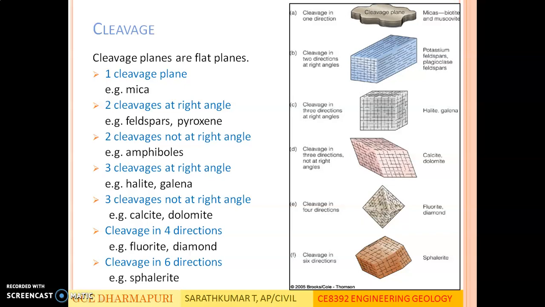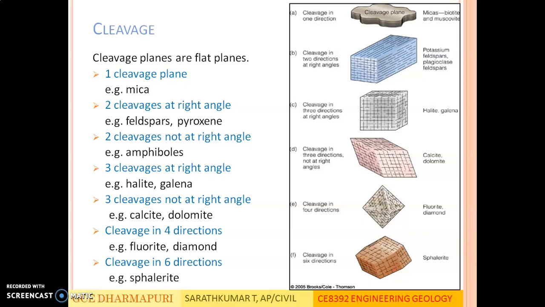The third one is three cleavages at right angles: halite, galena. The next one is three cleavages not at right angles: calcite, dolomite. The next one is cleavage in 4 directions: fluorite, diamond. The next one is cleavage in 6 directions: sapphire. Here, one cleavage plane means the easiest way to break the mineral is along only one plane.